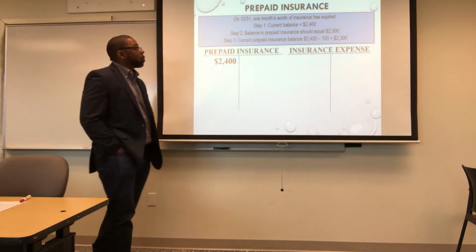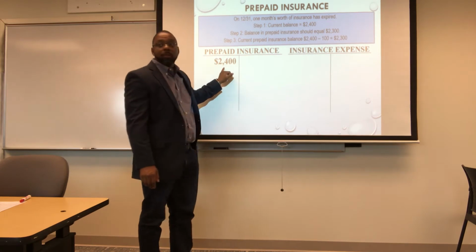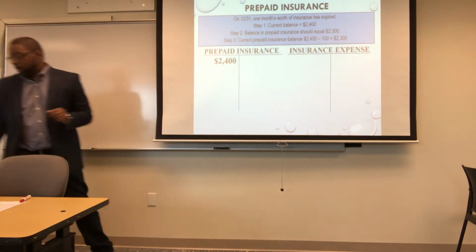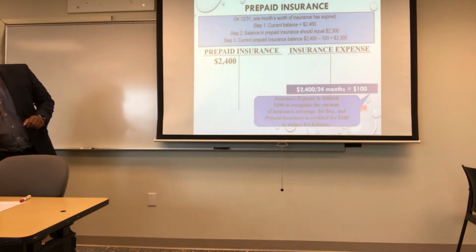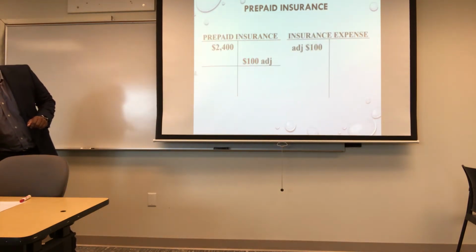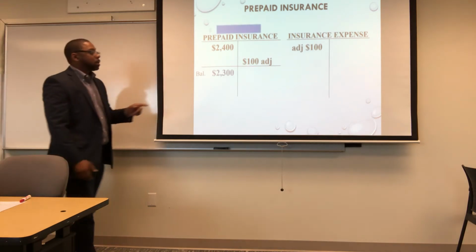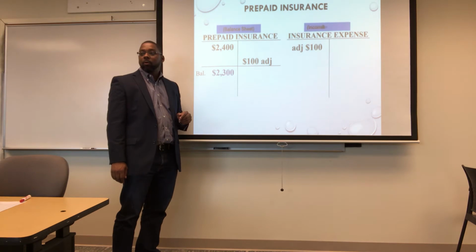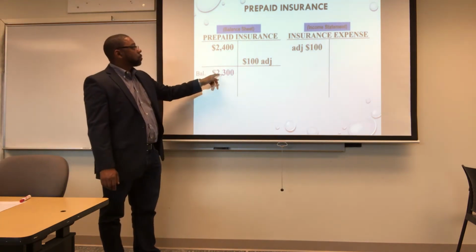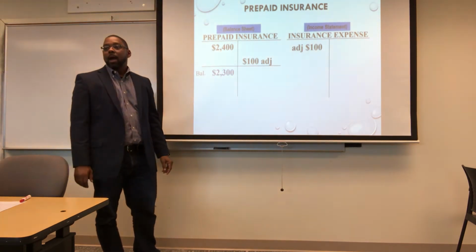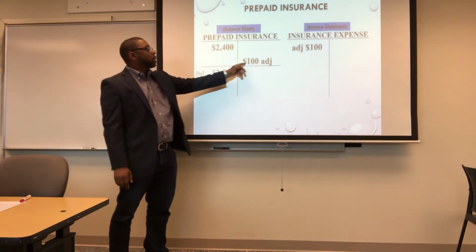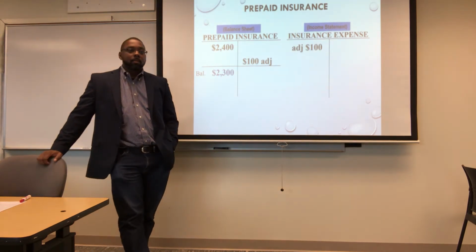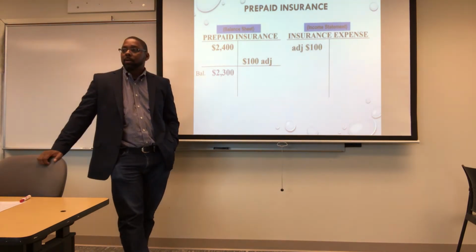So we know that currently the prepaid insurance balance is $2,400. What it should look like is $2,300. Everyone with me? This is what it is. This is what it should look like. How do we get to that point? We need to adjust the account by $100. Are you with me?